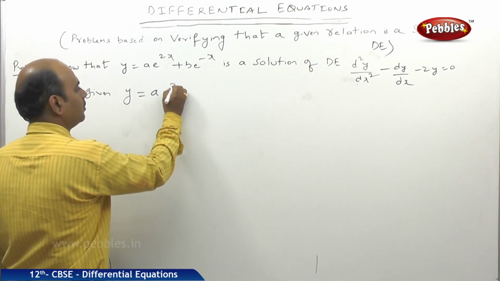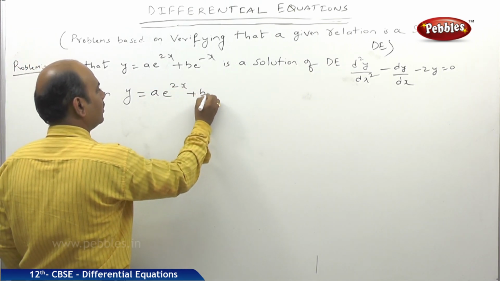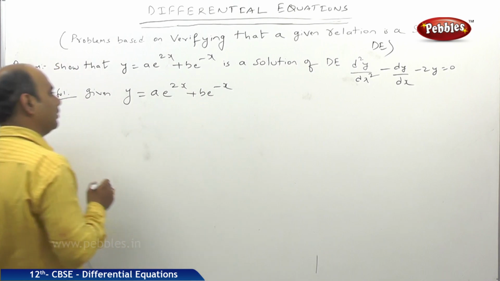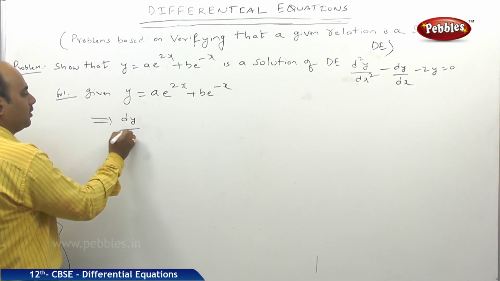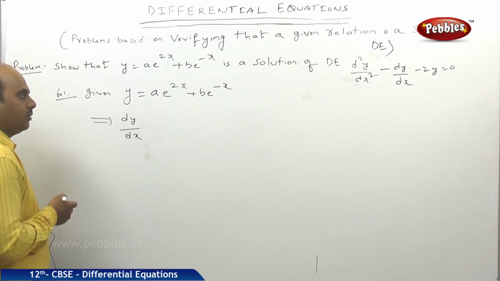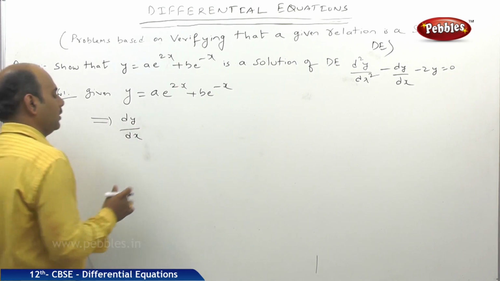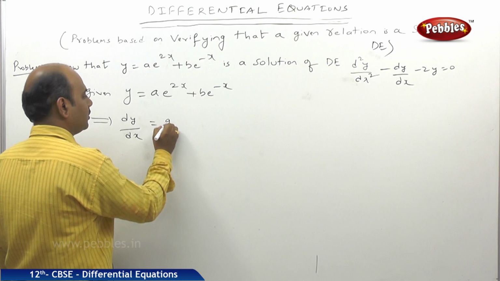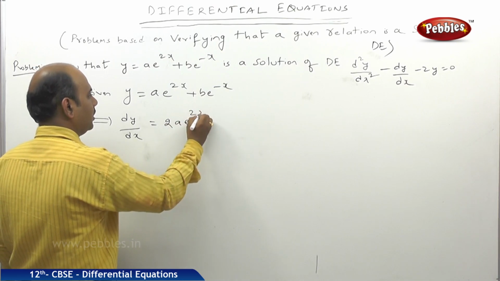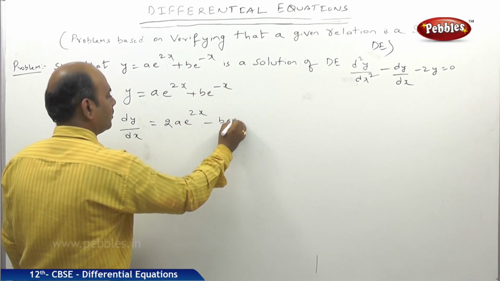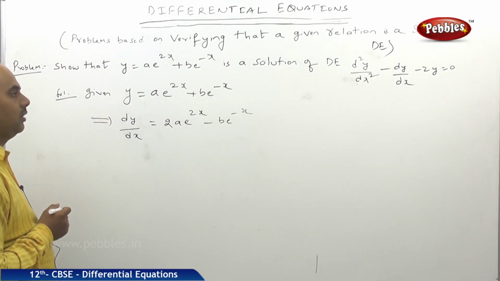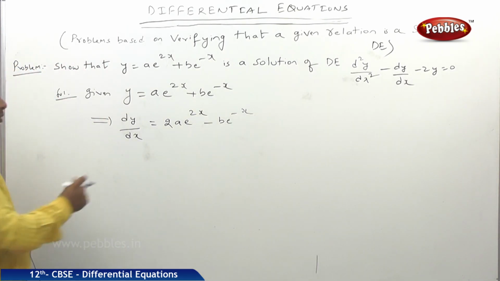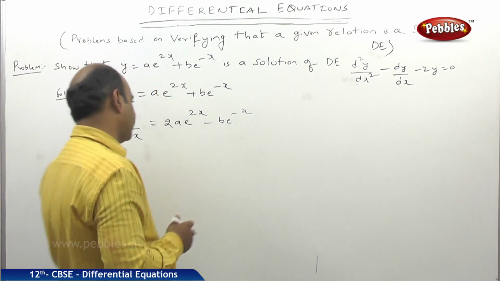y is equal to a e power 2x plus b e power minus x. So what I will be doing? I will be finding the derivative of this particular thing. So dy by dx is equal to 2a e power 2x minus b e power minus x. This is our given relation. So we obtained dy by dx.